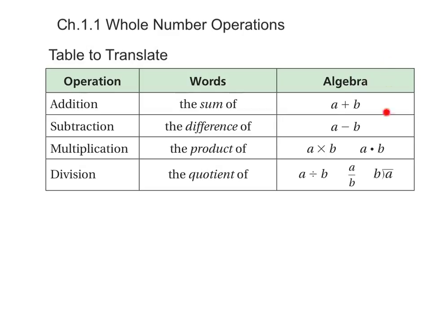And then on the far side, algebraically, there are some terms here: a plus b, a minus b, a times b with an x, a times b with a dot. We also should recognize another a times b, so I'm going to draw a little arrow down here. For another multiplication one, we could see a times b written like this as well. Sometimes when there's variables involved, you might just see 3x like this.